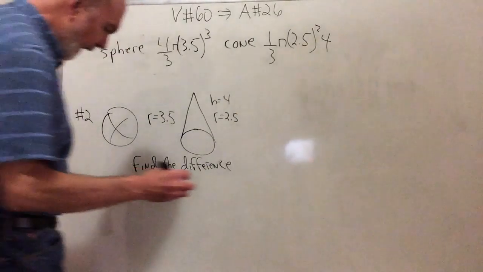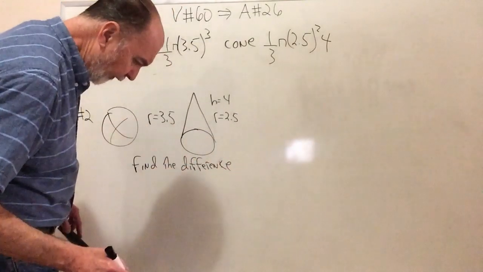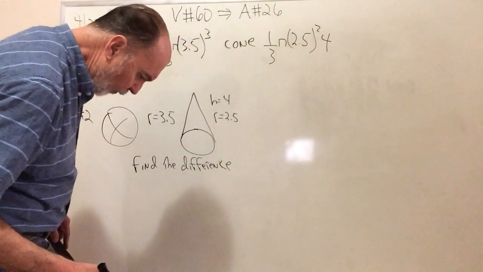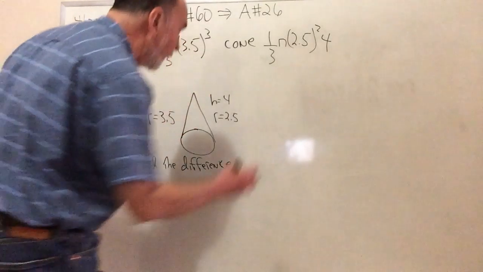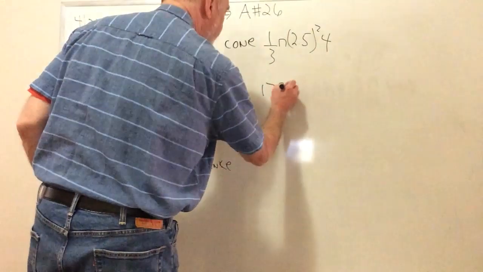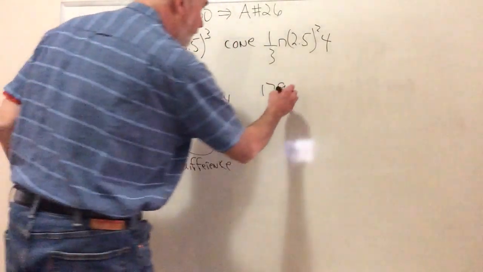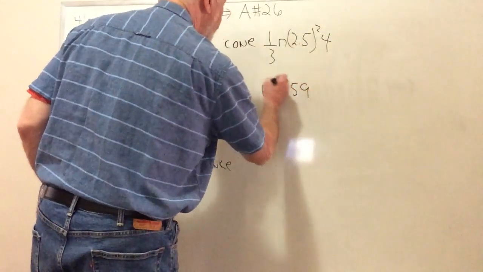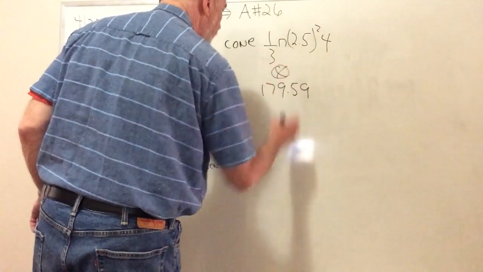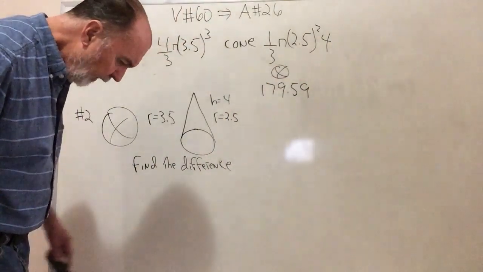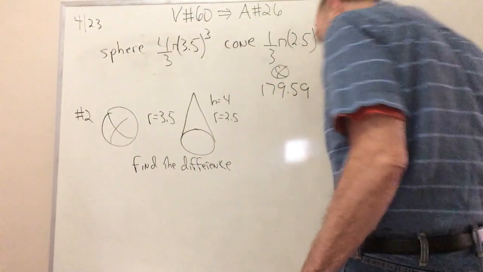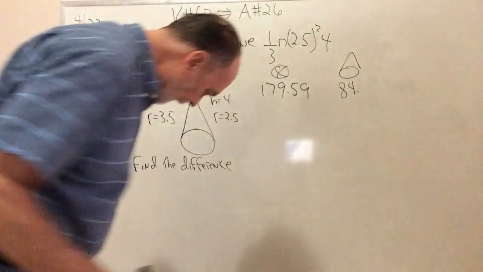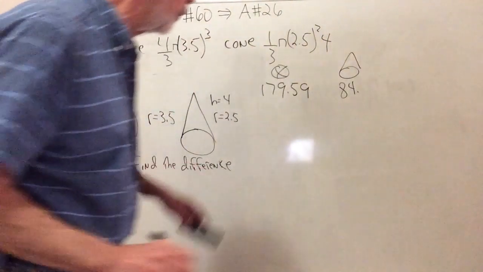So here's the math here. When I wrote out the sphere, I came out with 179.59 to 100th. So that's the little sphere there. And let's see which one is bigger. The cone was 84. Just put a little cone over that. 84 point, I don't know what, I'm rounding to 100th.